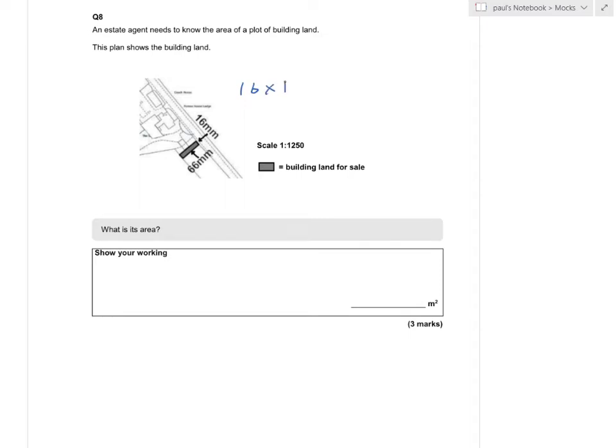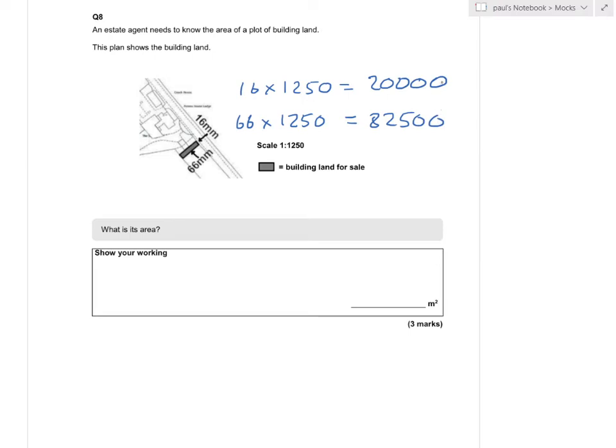16 times 1250 is 20,000. And the other one, 66 times 1250 is 82,500. That's in millimeters.